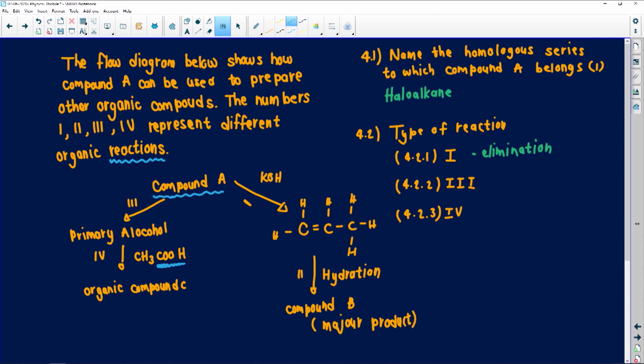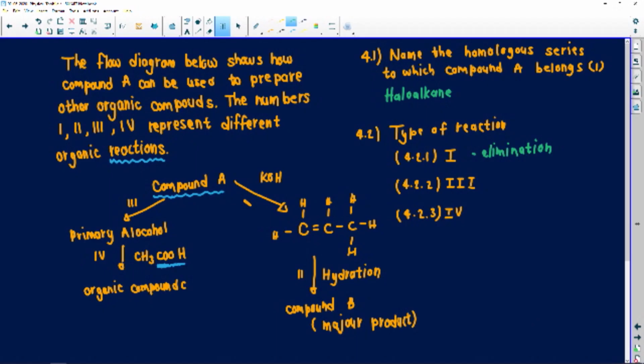Let's look for the third one. Now, I've got compound A, I've got something that happens to it, and then I've got an alcohol. I can see it's not showing me that a double bond or a triple bond was formed, but something must have been taken out and something must be replaced. Remember, an alcohol has an OH. So I could have had maybe a chlorine, a fluorine, iodine, or whatever, and then I could have replaced that with the OH to change the functional group.